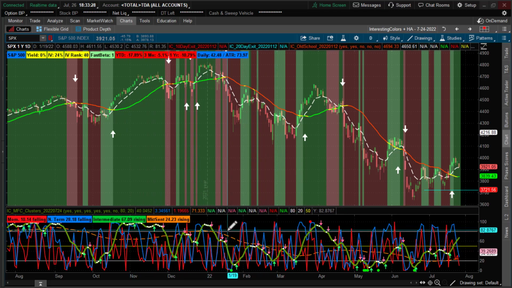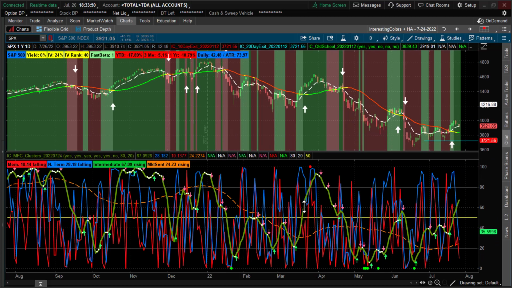TD Ameritrade does not give you an indication of what the aggregation period is for computing this. All they're saying is there it is. So I've modified the green line. I've modified this market forecast indicator down below to show where things are changing places.